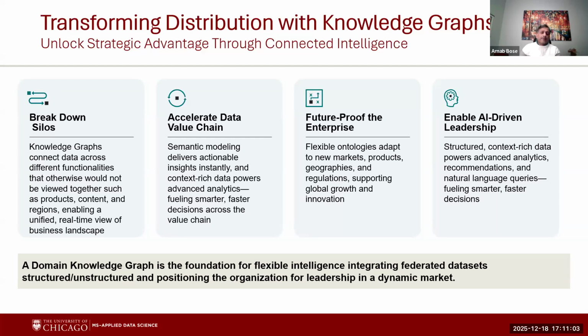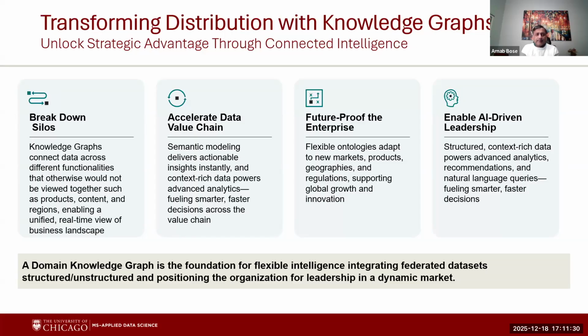Okay, so from that perspective, it connects the data across different functionalities, and it makes it a lot easier to connect and view such data together, which otherwise would not have been possible without a lot of heavy lifting. So it enables a unified real-time view, often of an enterprise or an organization or a business landscape, right?